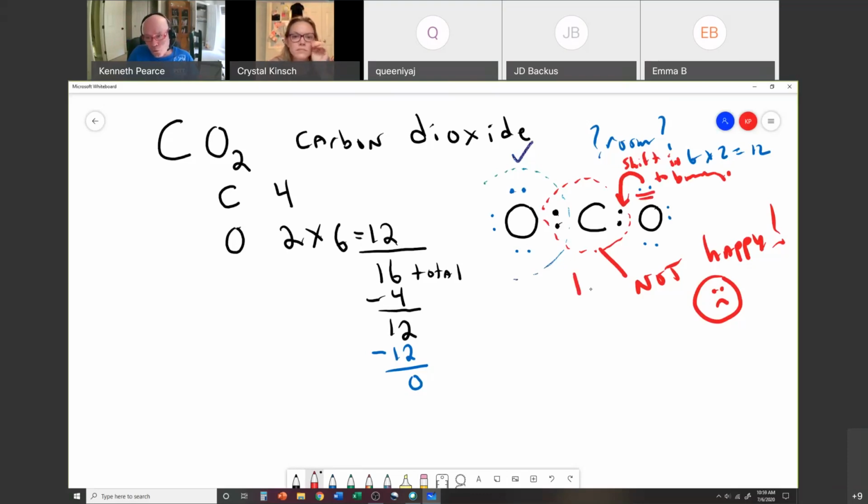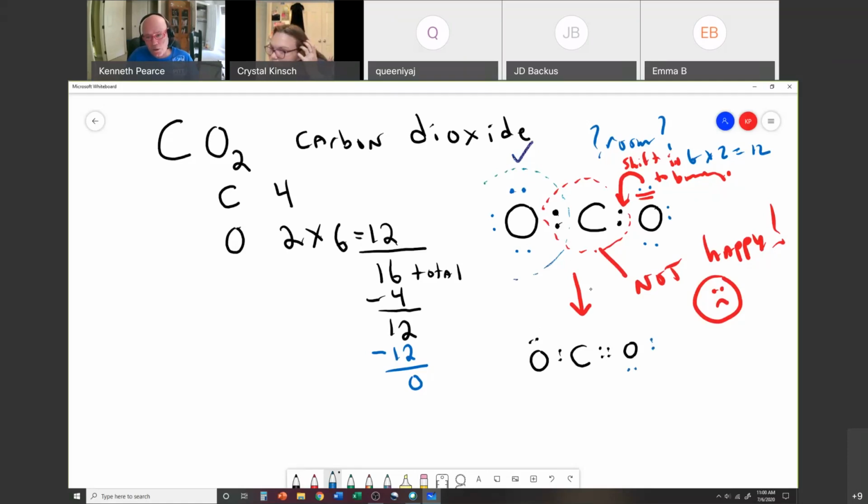I'm going to draw it a second time just to show what's going on here. I just shifted those guys in. All right. And what I'm doing is just reproducing what I had to begin, but now I shifted in these electrons.